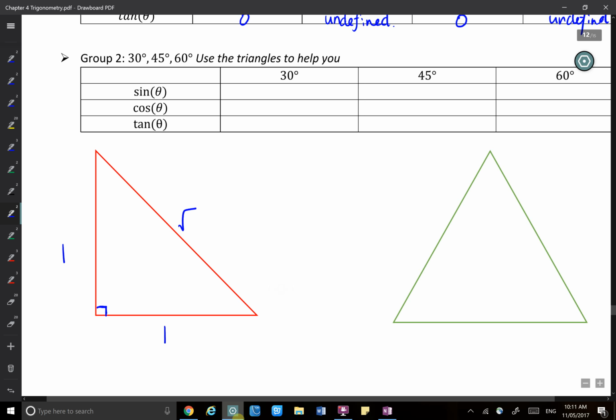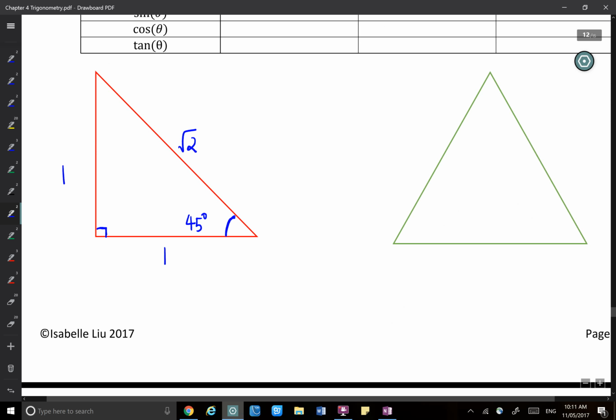√2. Okay, so what's the size of this angle? Okay, 45 degrees. What does sine 45 degrees equal to? So it's 1 over √2.